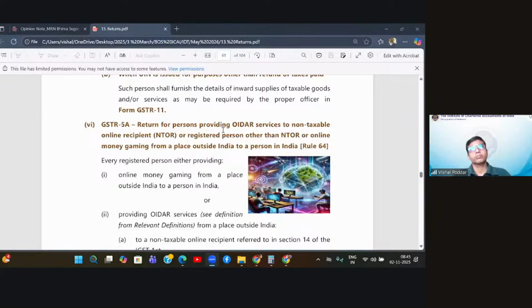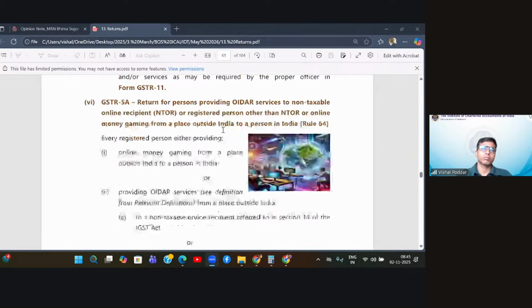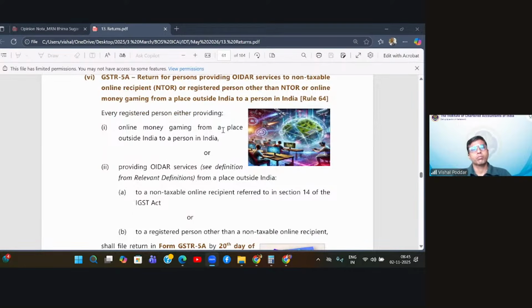GSTR 5A: return for persons providing OIDAR services to non-taxable online recipients, or to registered persons other than non-taxable online recipients, or online money gaming, from a place outside India to a person in India.